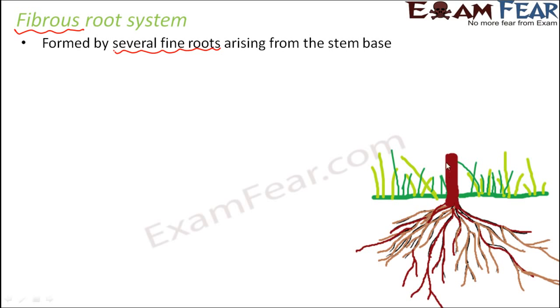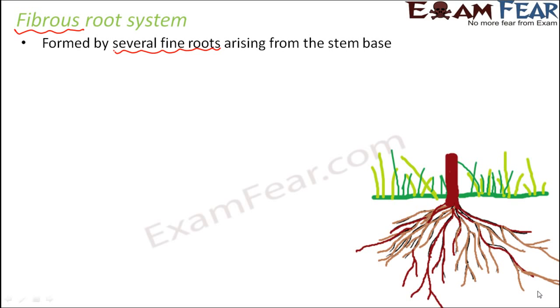So here if you see, this is your stem. Now from the base of the stem, you see there are small thread-like structures arising all around, right? And from those structures, again thinner structures are coming up. So this kind of structure is a fibrous root system. I'm sure that you are able to distinguish between the two. Taproot, you have one thick initial root, from there you have branches.